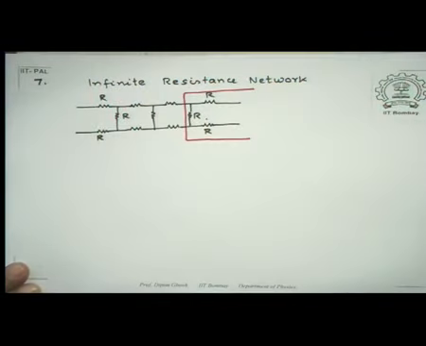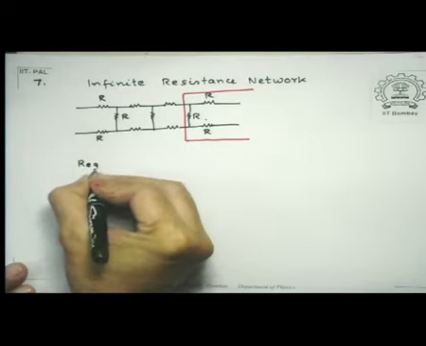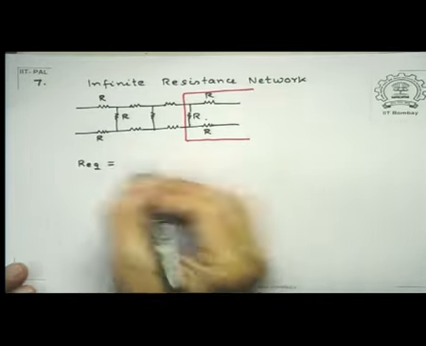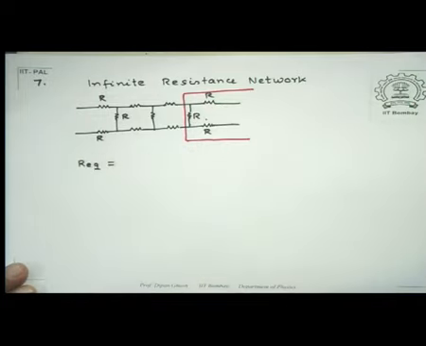So if my equivalent resistance for the whole network is Req, then after I cut it out, what remains is also Req. You take out an identical section from the end of an infinite network, you are still left with an infinite network.